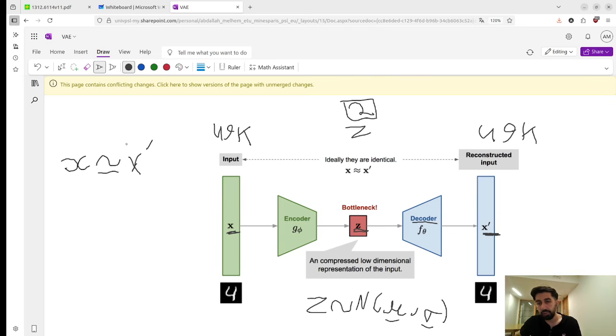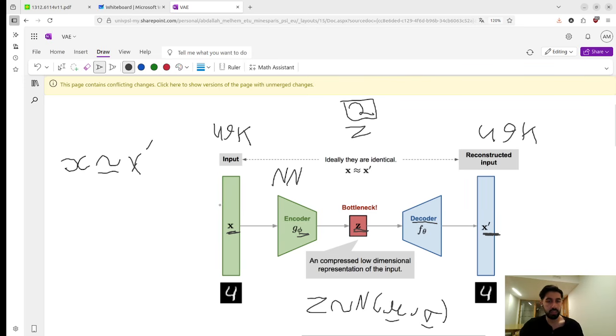So you have an input X, you input it to your first neural network, which has weight parameters phi. We get a variable Z following a normal distribution. We input it to the decoder, and the decoder should give us back X prime.